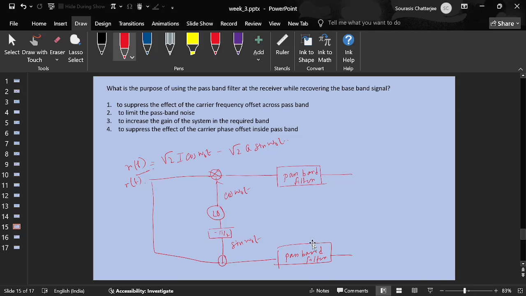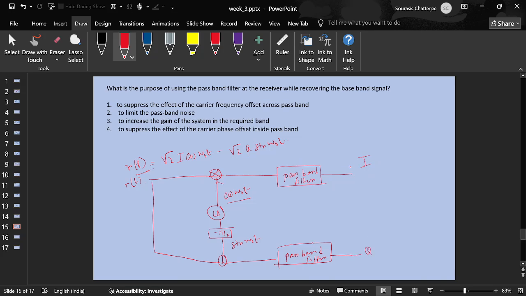Okay, so effectively if I just try the multiplication here, cos omega naught t multiplied with this signal, this will become cos square omega naught t, so this would lead to something like cos 2 omega naught t minus 1. So essentially you are saying I am supposed to get something like I here and Q here, right?